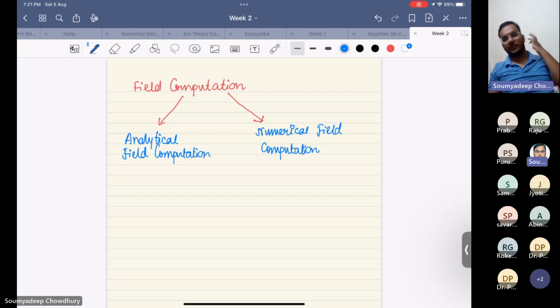Can you tell me what is the difference between analytical field computation and numerical field computation? Any idea?